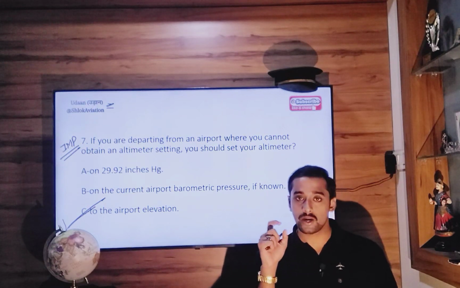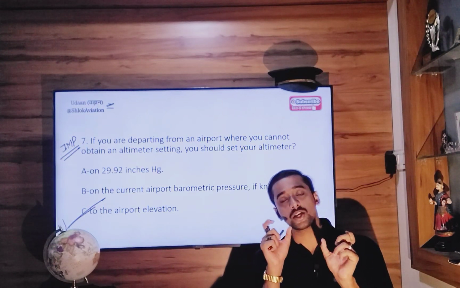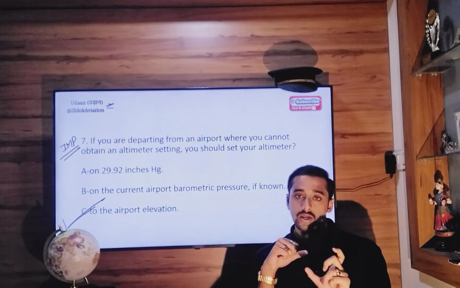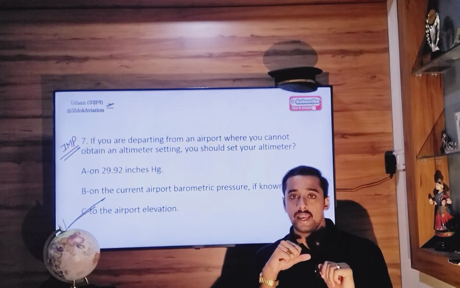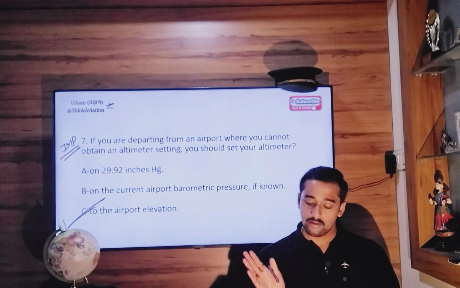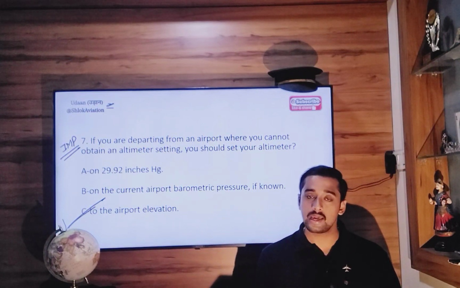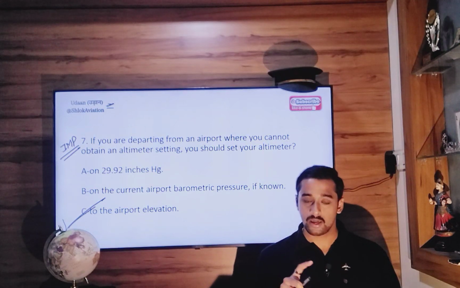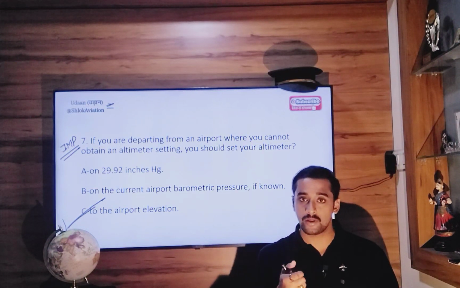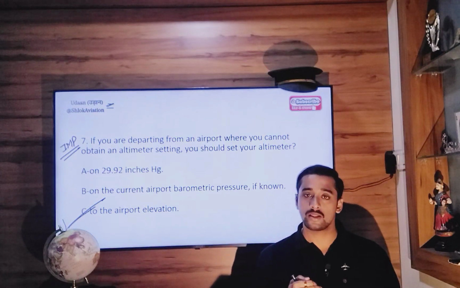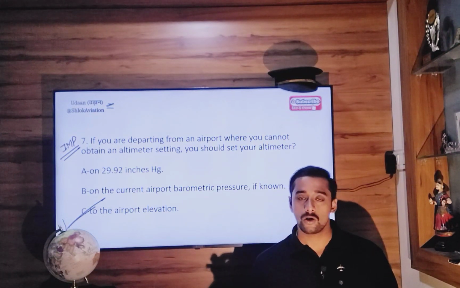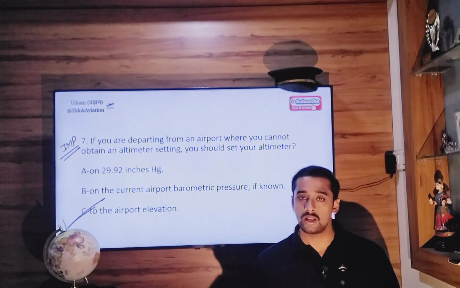Check the pressure value there. That is the pressure corresponding to that elevation. That is your QNH. If you don't have pressure reported to you directly, do the reverse: set the elevation and find out the local pressure.